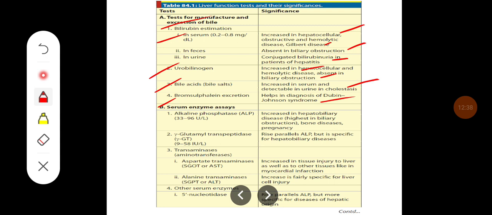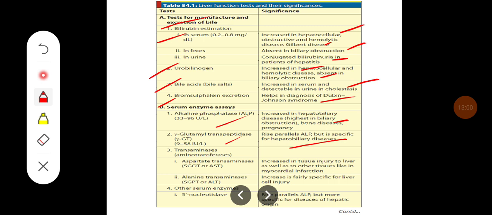Alkaline phosphatase is increased in hepatobiliary disease, highest in biliary obstruction, and also in bone diseases and in pregnancy. Gamma glutamyl transpeptidase rise parallels ALP, but is specific for hepatobiliary disease.